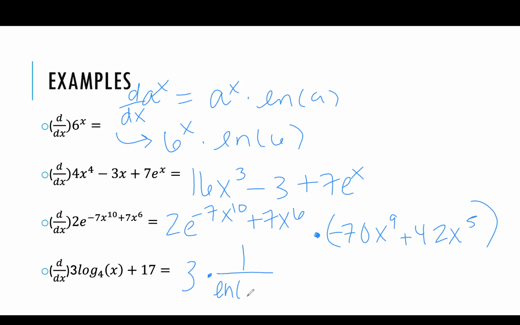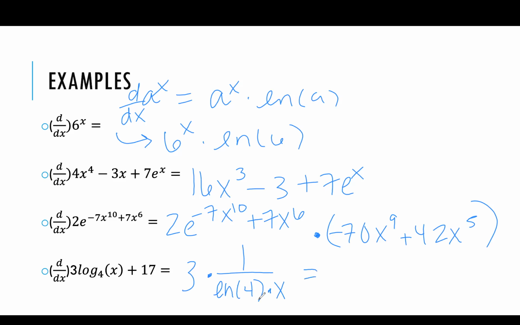Our base here is 4. Multiplied by x, because x is what the log is of, so that's what it's going to be multiplied by. And then we have this plus 17, but the derivative of a constant is 0, so that's just going to be plus 0.